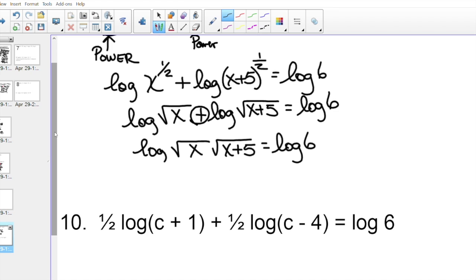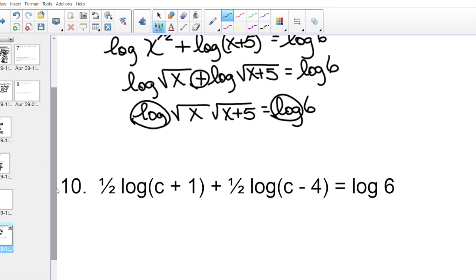Anything to the 1/2 power is the same thing as taking the square root of it. We want to use the radical sign when we're solving these equations. Now notice that you have the log on both sides. Well, we're going backwards, so we just drop them.